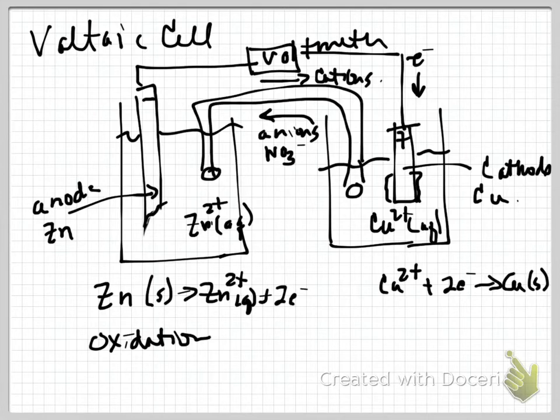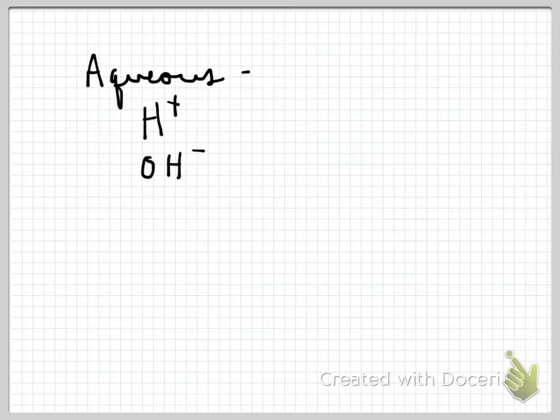Things to watch out for. For aqueous solutions, remember that in solution you have these ions which might reduce or oxidize before your actual other ions that happen to be in the solution.